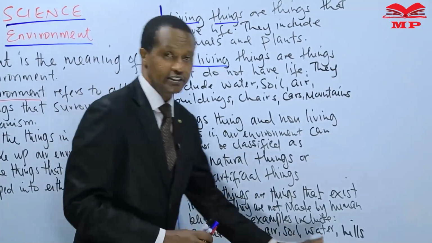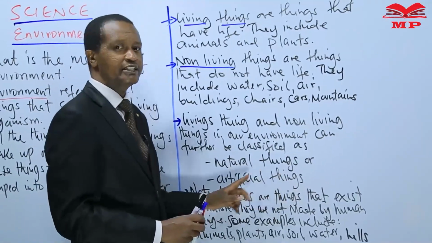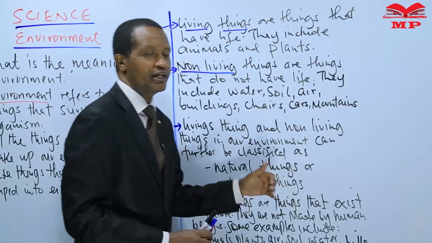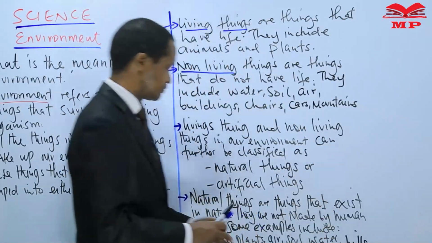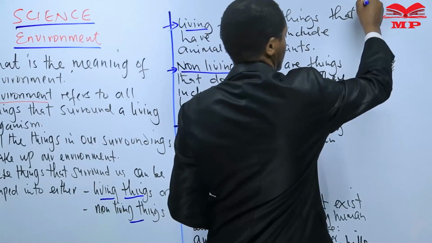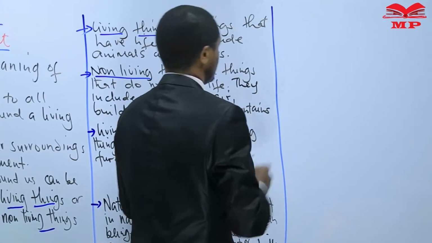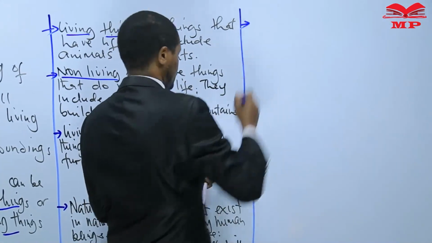We've given examples. Then we have these artificial things.